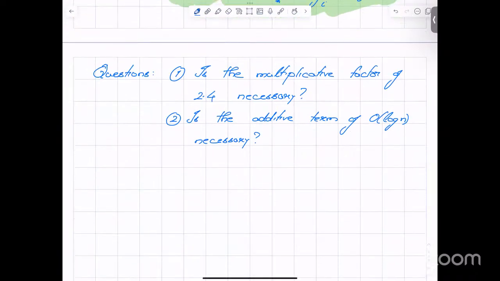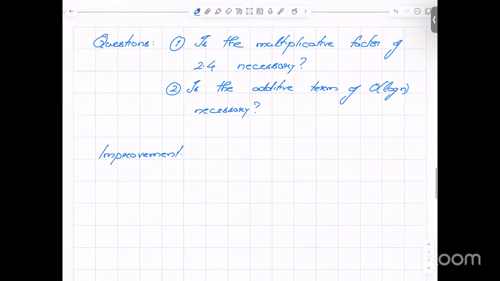The first improvement we'll do is go from weighted majority to weighted majority with the parameter eta, where eta is some number between 0 and half.